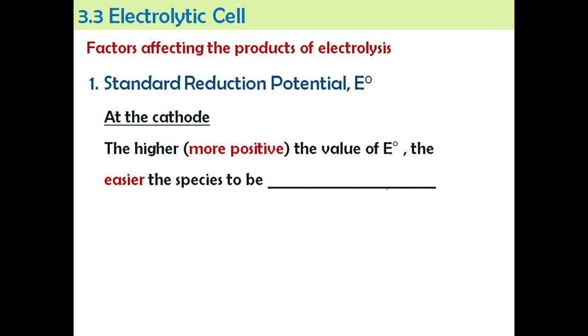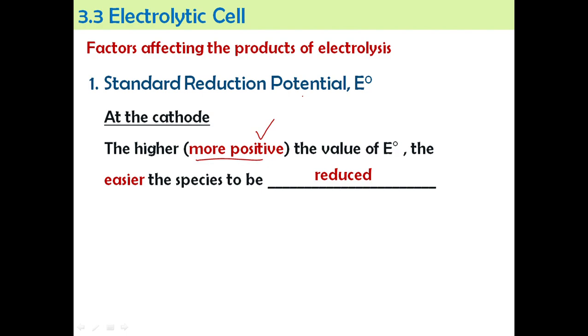So, at cathode, akan undergo reduction. Jadi, lagi positif SRP or E0 value, lagi senang undergo reduction. So, kalau dekat cathode, awak ada 2 spesies. Okay, tengok siapa lagi positif. Dia yang akan terpilih untuk undergo reduction.